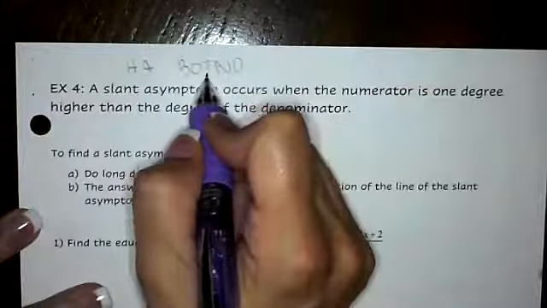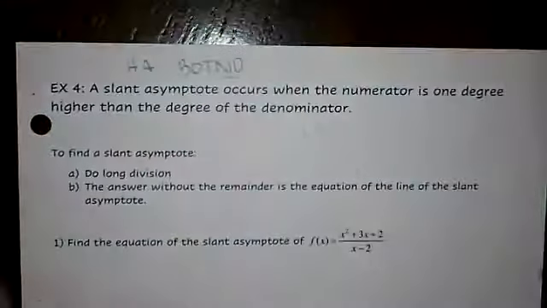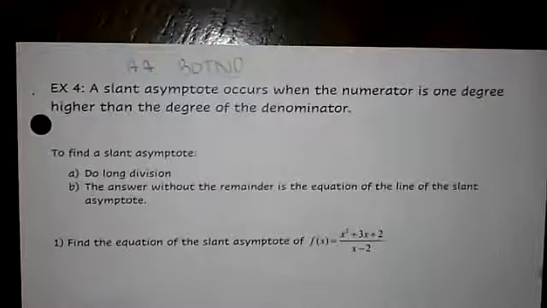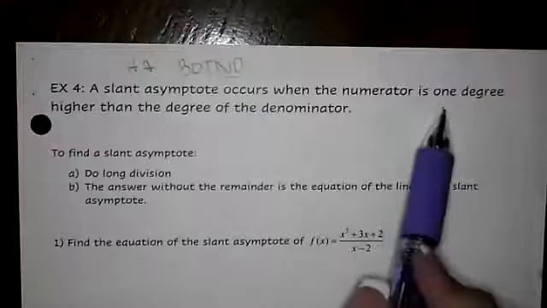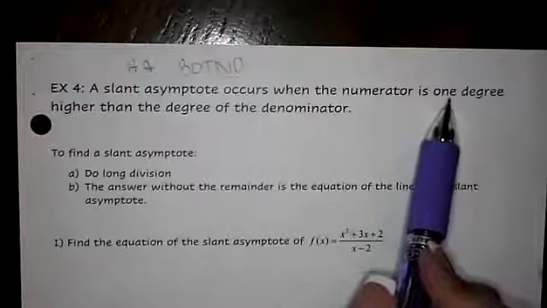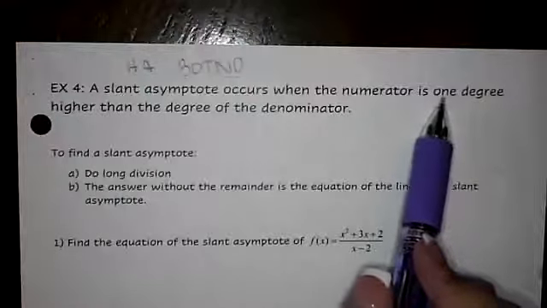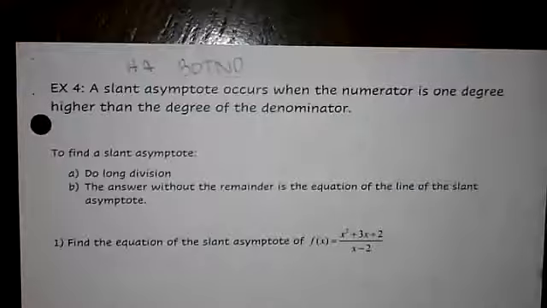Bigger on top, no horizontal asymptote. So if there is no horizontal asymptote, that's where there could be a chance to make a slant asymptote. But that only happens when the degree of the numerator is 1 degree higher than the degree of the denominator. If it is more than that, then there's not a slant asymptote.